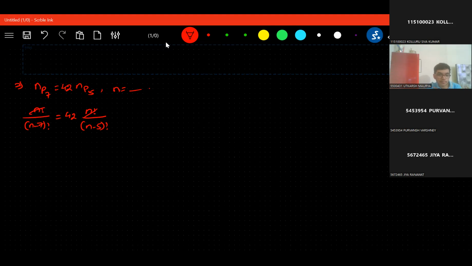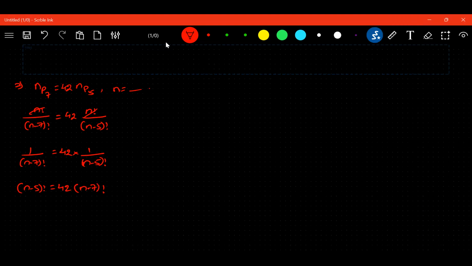So now it is 1 upon n minus 7 factorial is equal to 42 multiplied with 1 upon n minus 5 factorial. I can write it as n minus 5 factorial is equal to 42 multiplied with n minus 7 factorial. Is it correct or not?